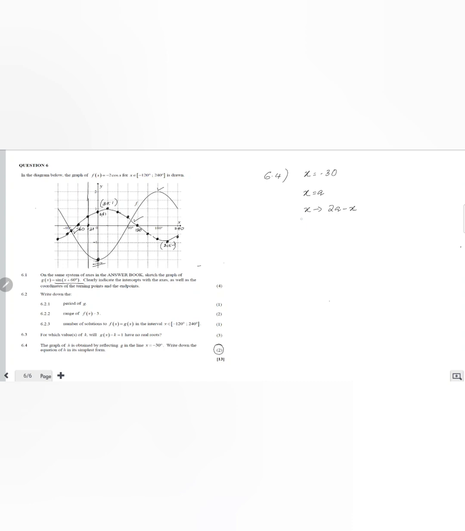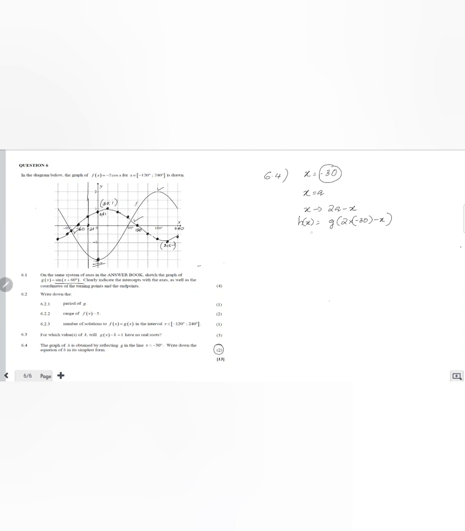That is h of x, that is the graph. h of x is the same as reflecting g, isn't it? 2a here is minus 30, isn't it? g of 2 times minus 30 minus x.